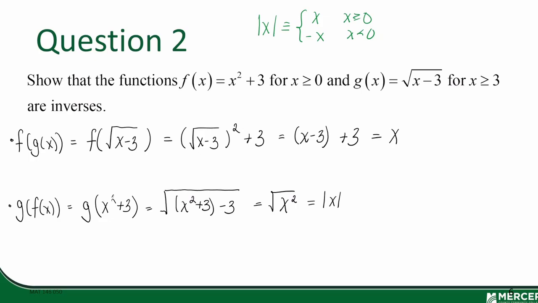So the absolute value of x will give you x as long as x is non-negative, or negative x if x is negative. And which piece has the or equals part doesn't matter. You can flip it for your convenience. So I could rewrite it as x when x is greater than 0, negative x when x is less than or equal to 0. Just for whatever suits my needs at the time.